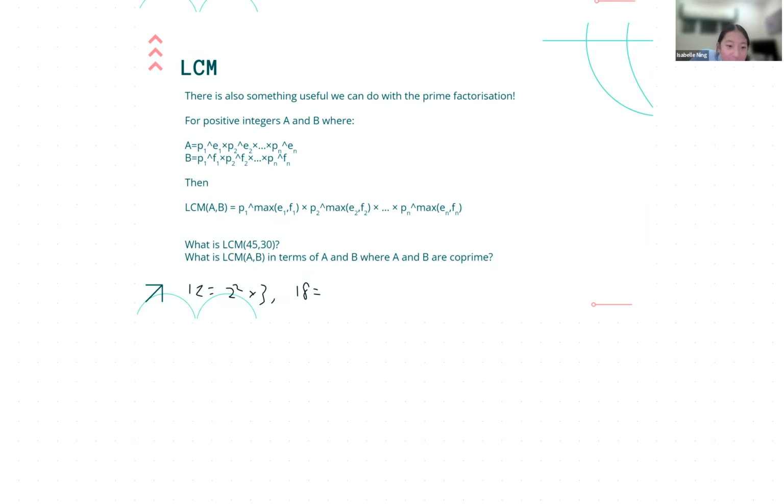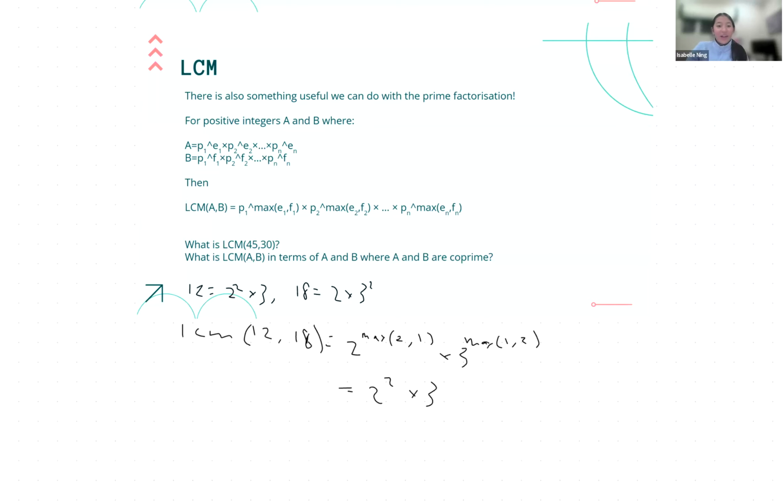And so the LCM of 12 and 18 equals 2 to the maximum of 2 and 1, times 3 to the power of the maximum of 1 and 2, which you end up with 2 squared times 3 squared, which equals 36.